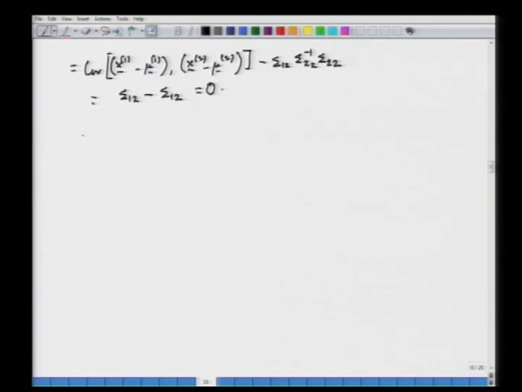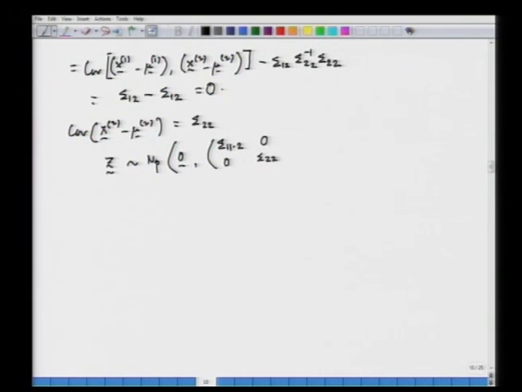The third block is also going to be the same thing, a transpose of the null matrix, which is a null matrix itself, and for the fourth block we are going to consider the covariance of x2 minus mu2, which is nothing but Sigma_22. So, this gives me Z following a p-variate normal with null mean vector and the covariance matrix with blocks Sigma_11.2, null, null, and Sigma_22.